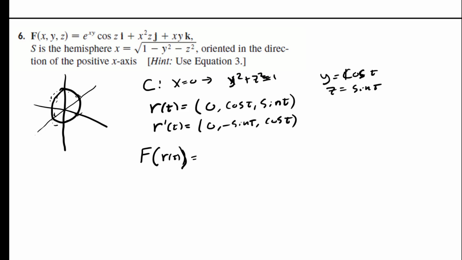It says... okay, so the way I have this written is that this would be e to the 0, 0, cosine of cosine of t.